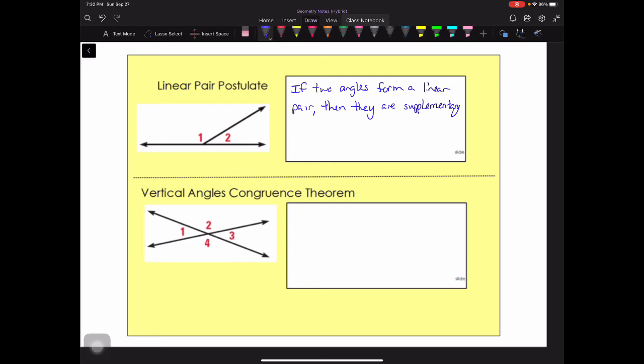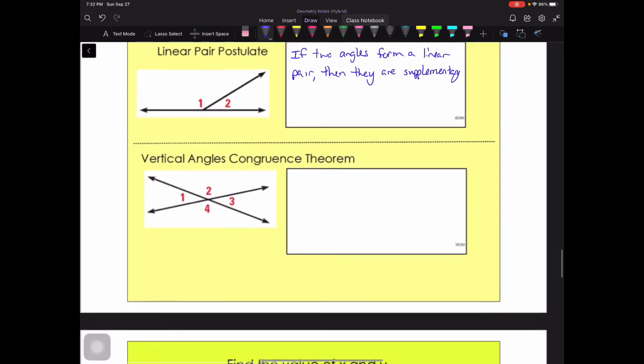Which, like we've been talking about, linear pair means angles are forming a line. A line's 180 degrees. It means those two angles add up to 180, which means they are supplementary.